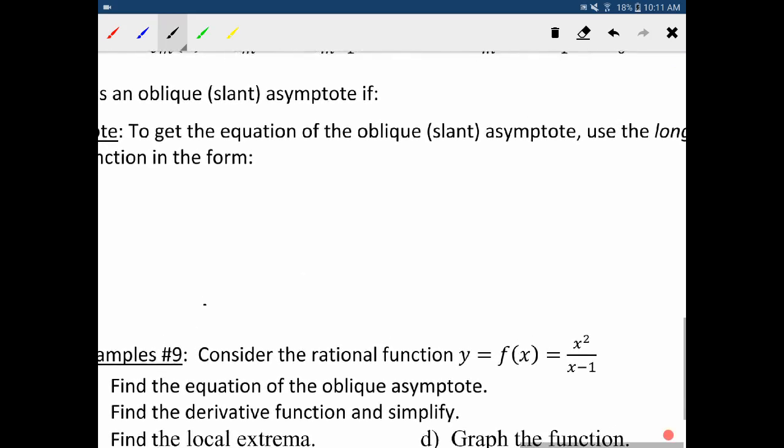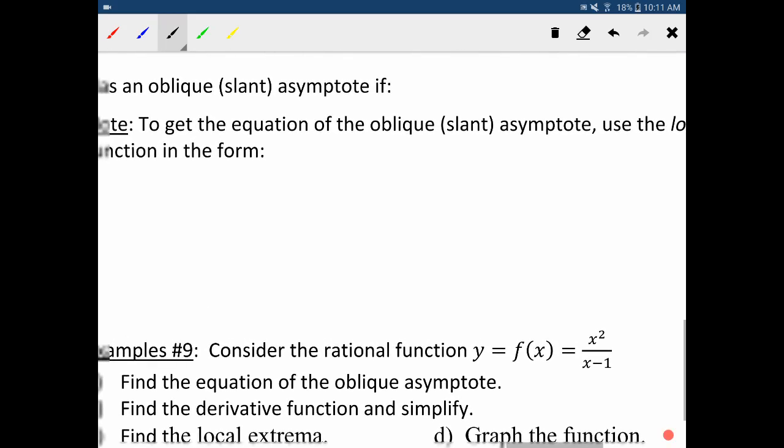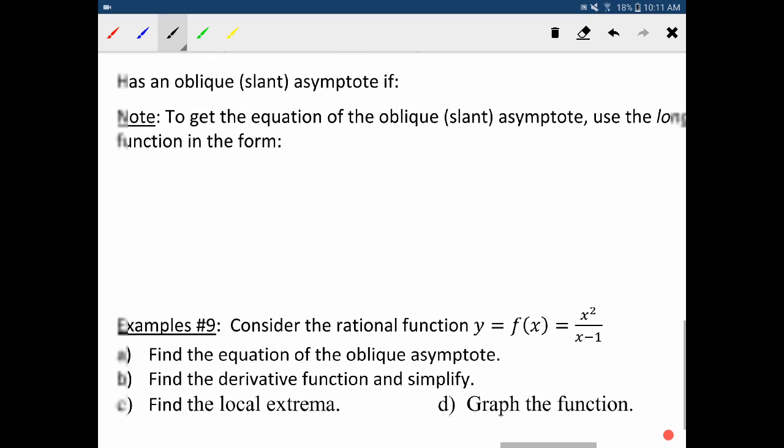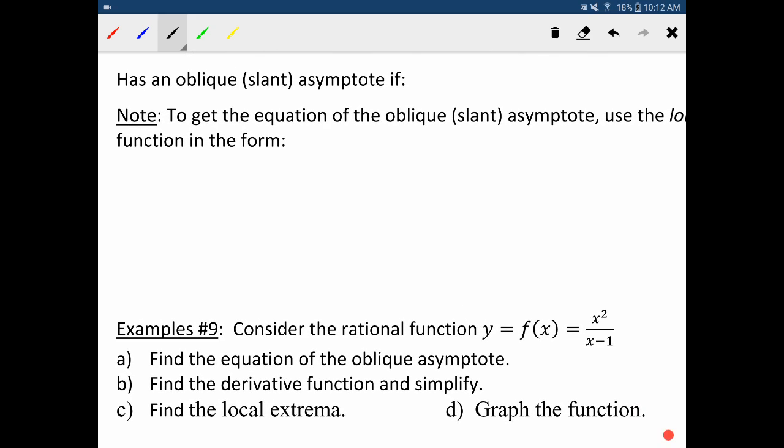So what you're going to do is rewrite your equation, and you're going to use your long division algorithm. Unfortunately, synthetic division probably won't work. It will work some of the times, but most of the time it won't work.